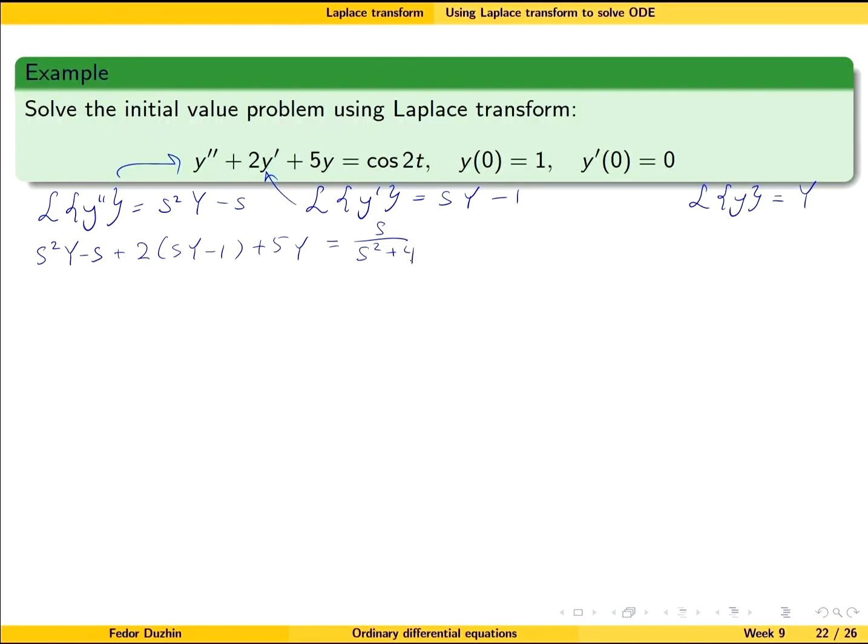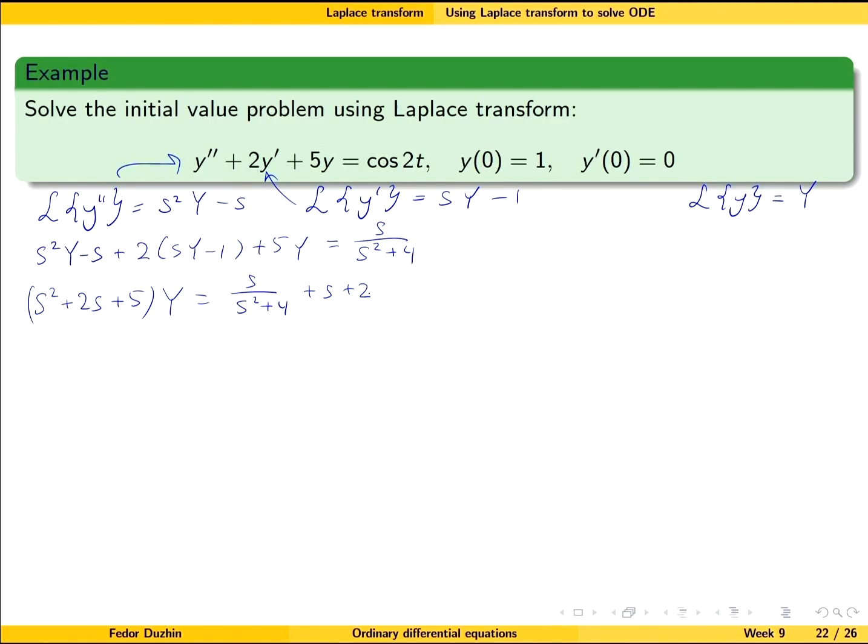Now, putting all the terms with Y together, we get (s squared plus 2s plus 5) Y equals s over s squared plus 4, then I have minus s on the left, so plus s, and minus 2 on the left, so plus 2.